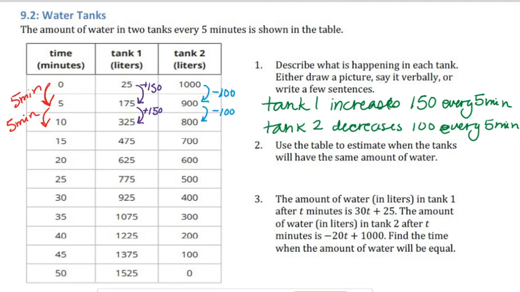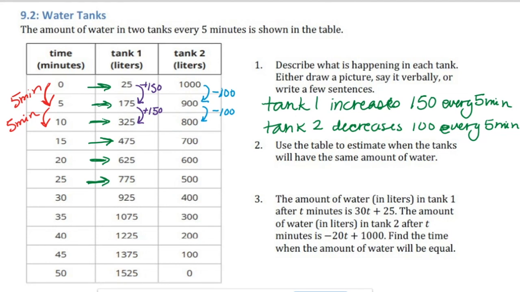All right. So when I look at this, I'm going to compare the two tanks' numbers. If we look at our first row here, 25 and 1,000, then we have 175, 900, 325, 800. So I'm just going to go through and compare my two numbers, 475, 700, 625, 600, 775, 500.